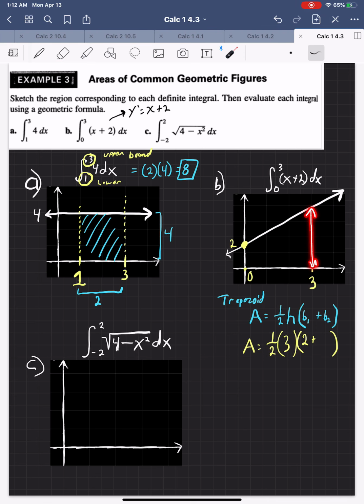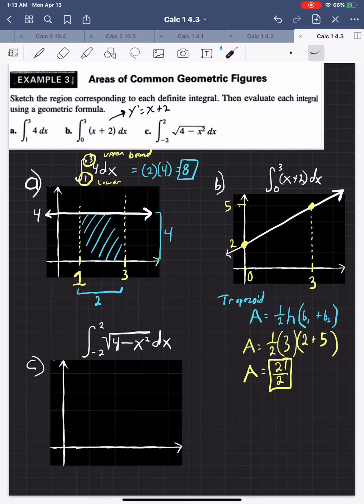Well, very simple. You would just plug in x is equal to 3. You would plug 3 in for x, and then you would figure out what the height is. So if you plug 3 in, you would get a height of 5. So I know that b sub 2 is 5. So that's 1/2 times 3 multiplied by 2 plus 5. So in that case, the area is equal to 21/2.